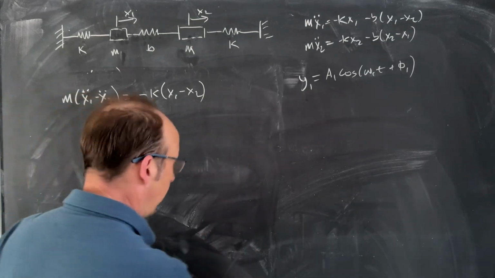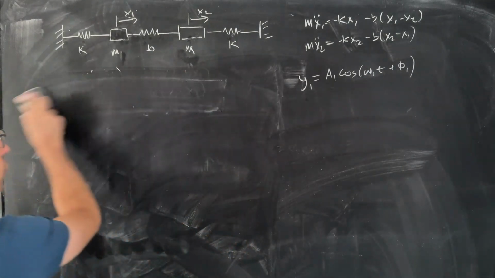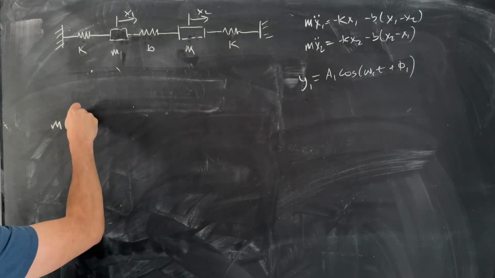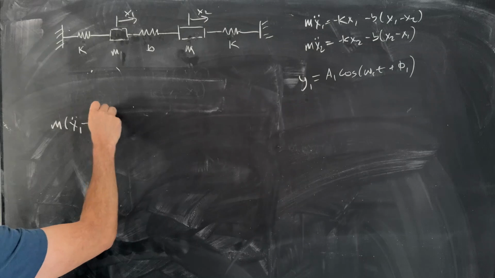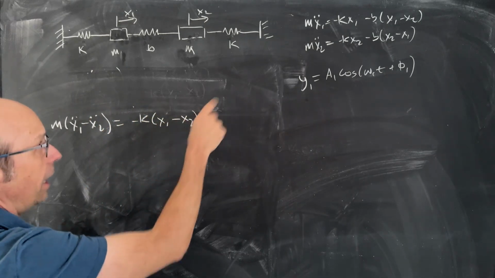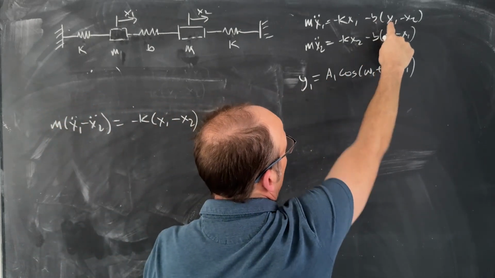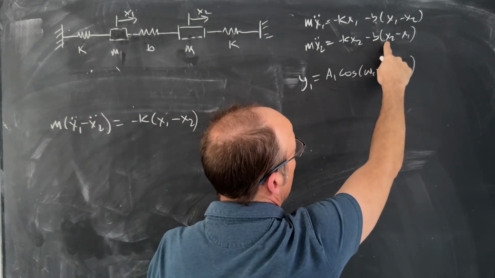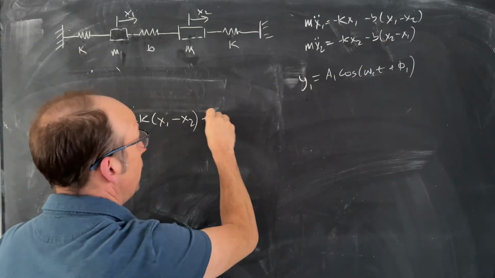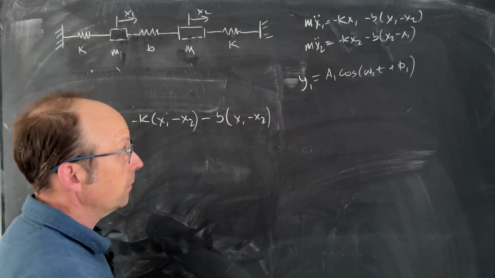So I have m times x1 double dot minus x2 double dot equals negative k times x1 minus x2. And the other ones I'm just going to do manually. I have negative b x1 plus b x2, so I can write that as negative b times x1 minus x2. I factor out the b.